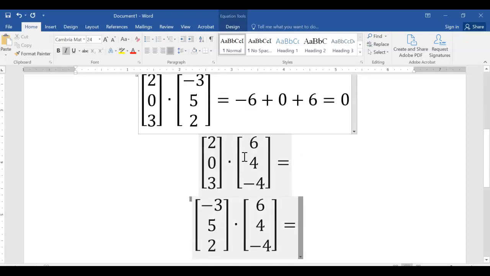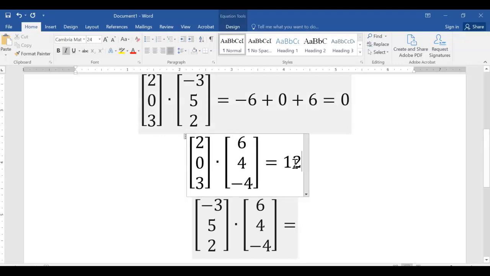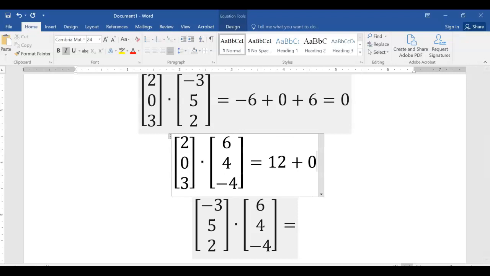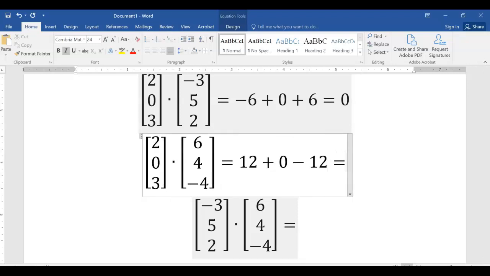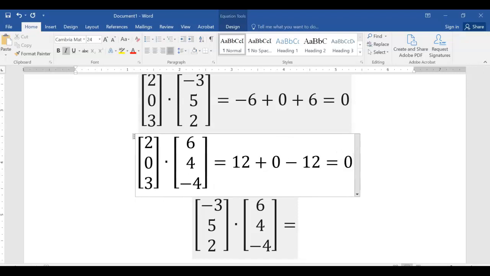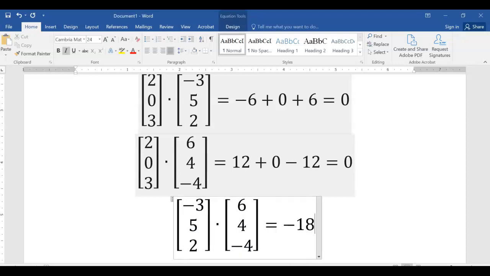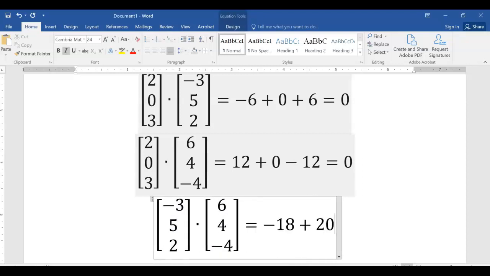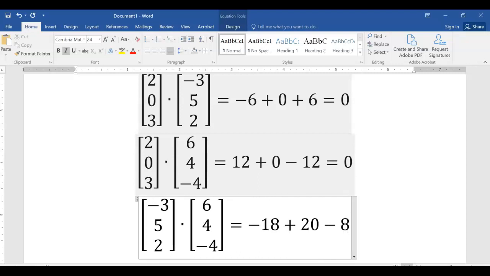How about vectors 1 and 3? I get 12 plus 0 minus 12, which is 0. That's a good sign.